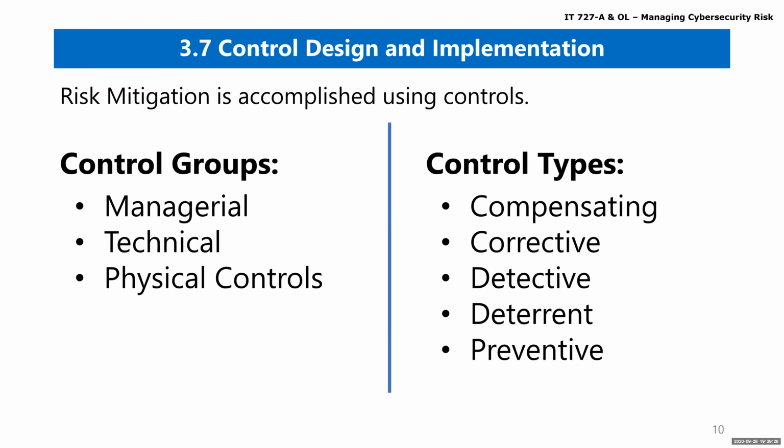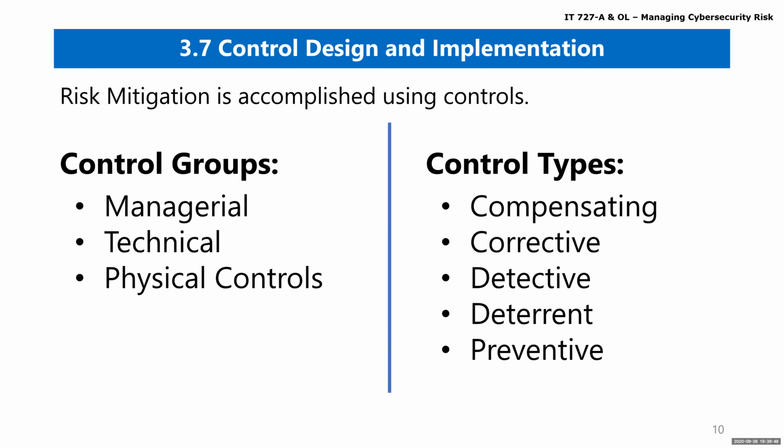Okay, I will quickly go into the control design and implementation. This is kind of straightforward: risk mitigation is accomplished using controls. Obviously, we are applying controls. Controls could be managerial, technical, or physical. If not for time, I would ask everyone to give me an example, but I'm just going to move forward.